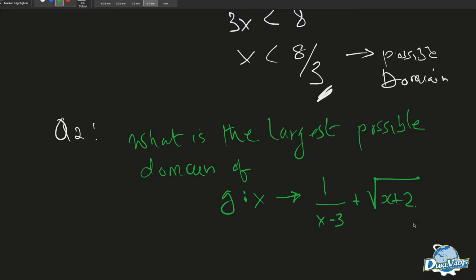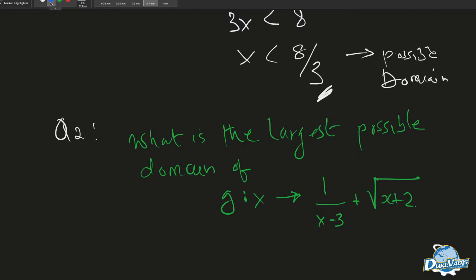When we get a question of this sort, we have to look at it very carefully. You've seen that we have 1 over x minus 3 and the square root of x plus 2.